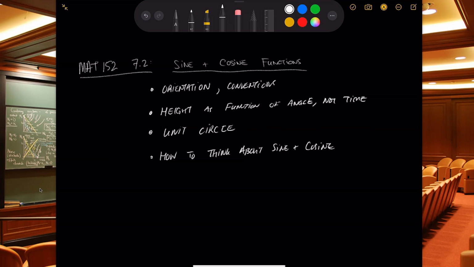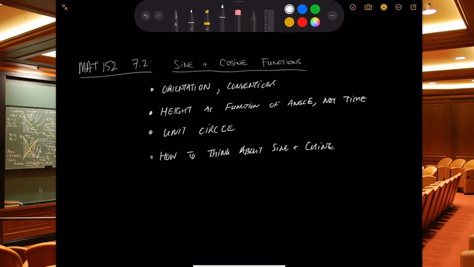And then how to think about sine and cosine, some more insights that I just think are important as we're starting off here. So you've probably seen sine, cosine, tangent and hopefully have in the triangle geometry format. And now we're going to start to see how they appear when we get into circular motion.